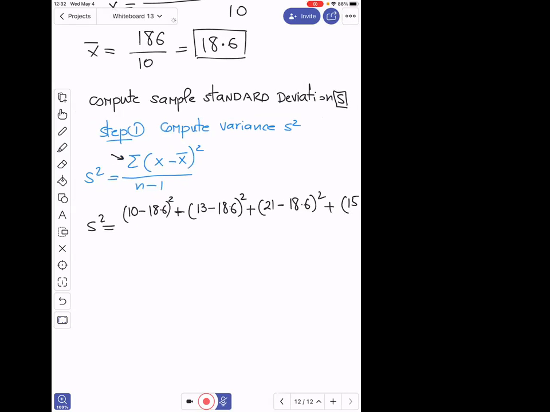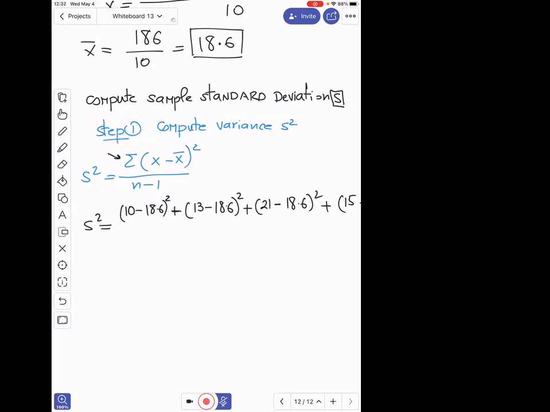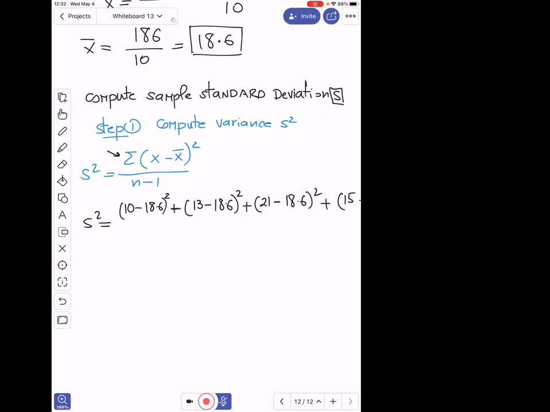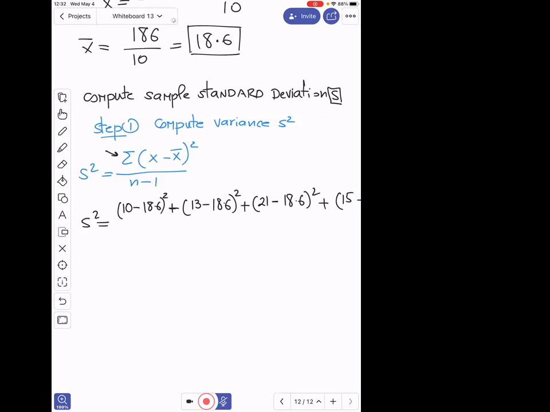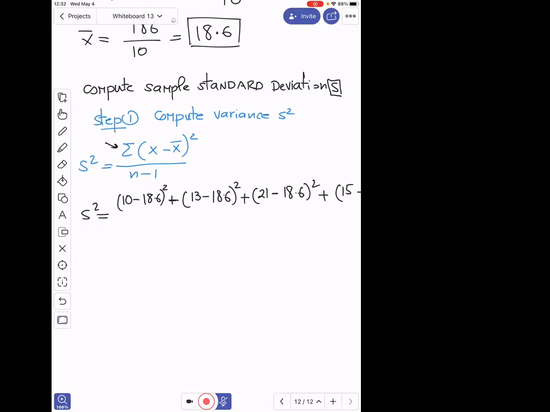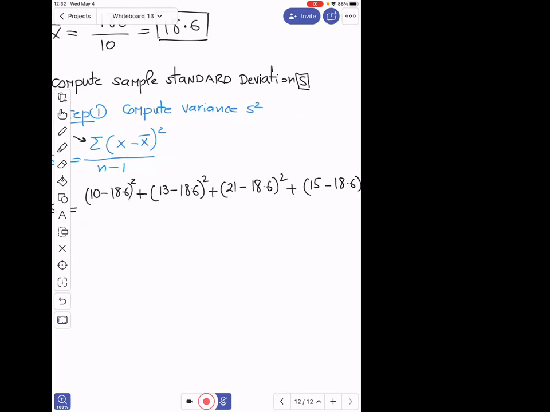I did the subtraction first and then the squaring because I made a chart. So first the subtraction and then the square. Oh, okay. So I did do it right. Yeah, you did it right.